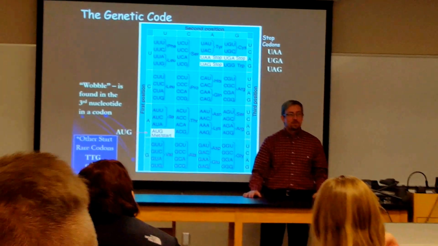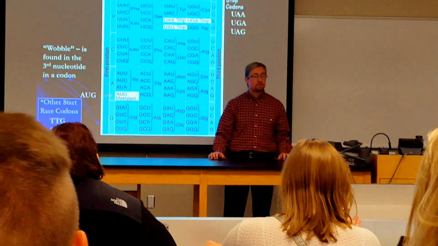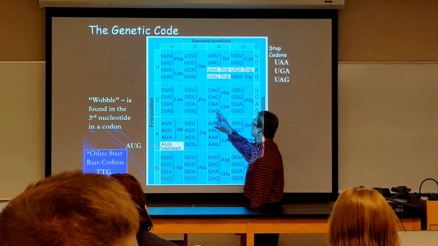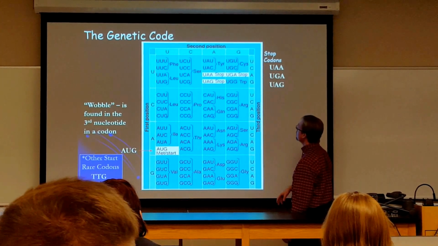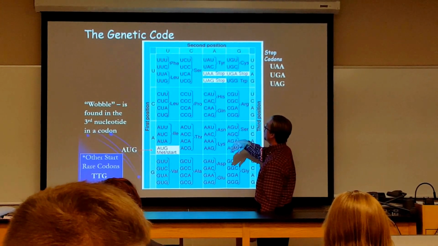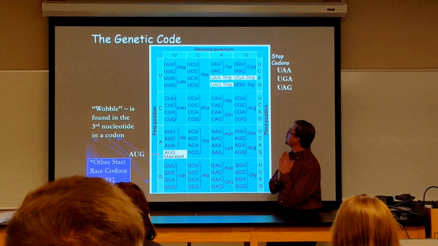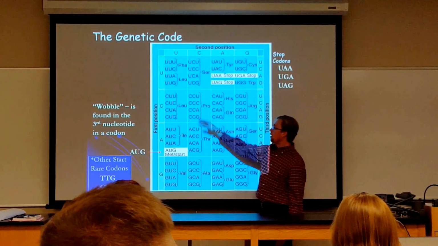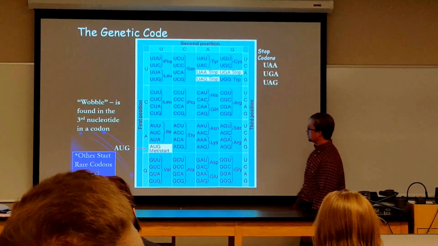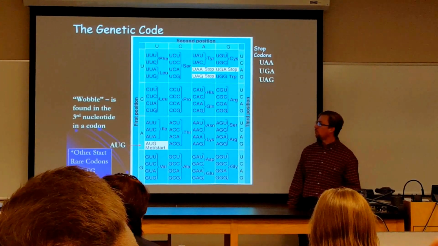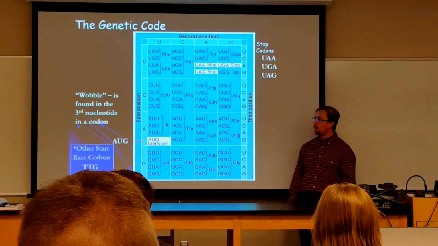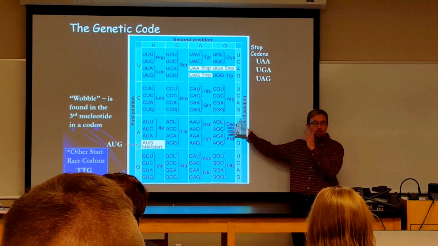Chad, you get some? The diagonals, so those can't be wobbles. What, these guys right here? The UU, the CC, the AA, and the GG. A diagonal line from the top left to the bottom right, like this? I don't think there's any real pattern to it.